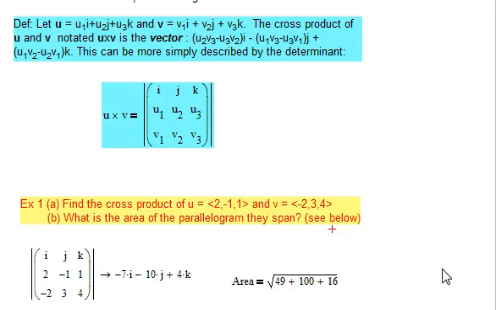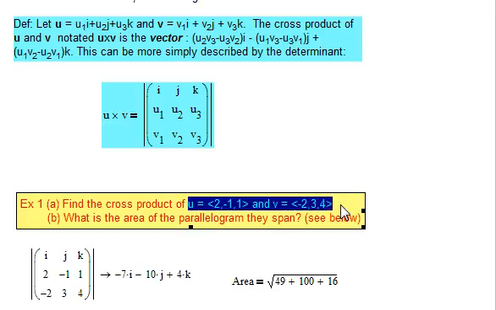Now, here is the cool thing. The area spanned by vectors u and v, I mean, they span a parallelogram, right? If I were to add those two vectors, I'd have to use that parallelogram.